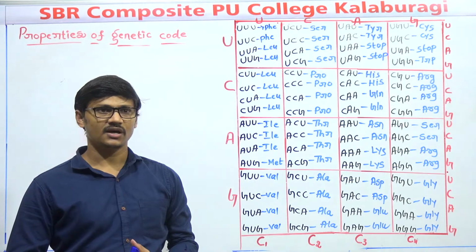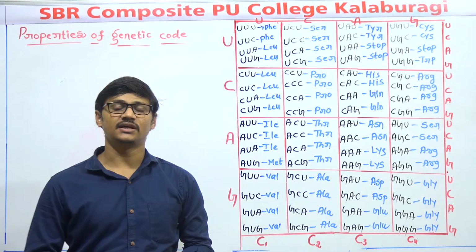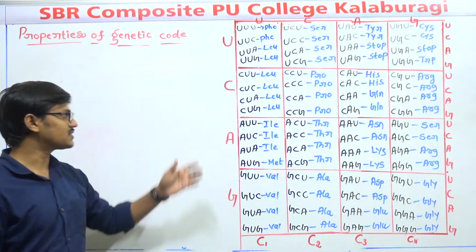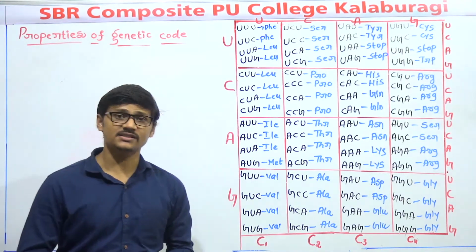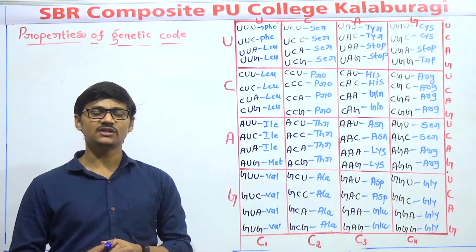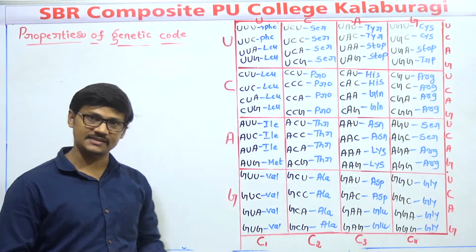And I also said that there is a trick, a mnemonic, to remember this genetic code. So today we will be discussing the tricks and mnemonics to remember all the genetic codes as well as all the amino acids.